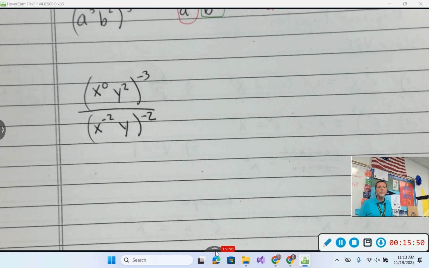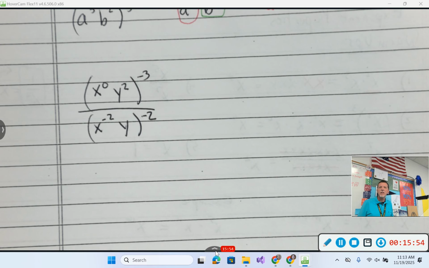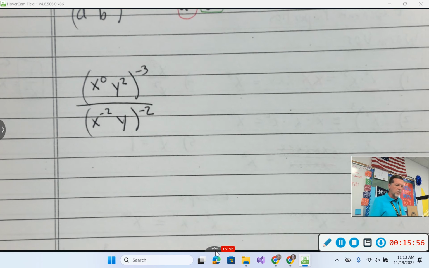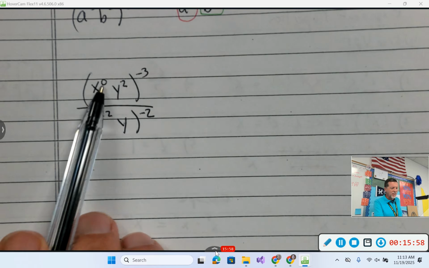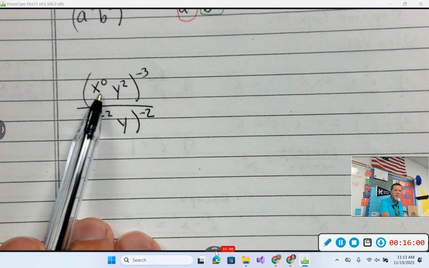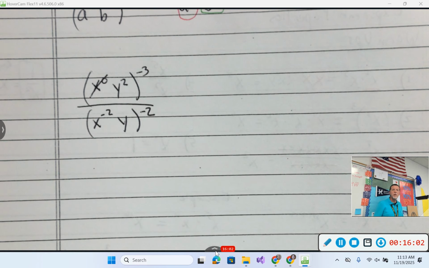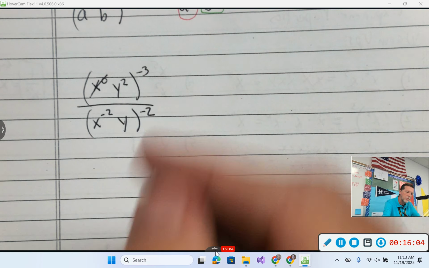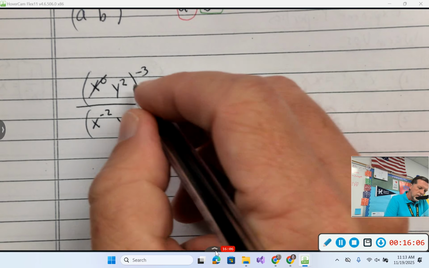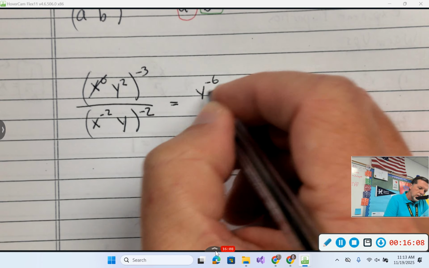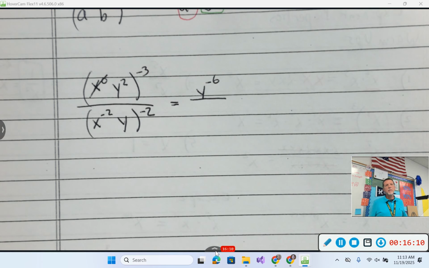Well, yes, we're going to simplify, but when you say simplify, what do you want to do first? Be specific. Okay. So you know what, before we even do that, what's x to the 0 equal to? 1. So I don't really have to worry about that guy. So y to the negative 6.